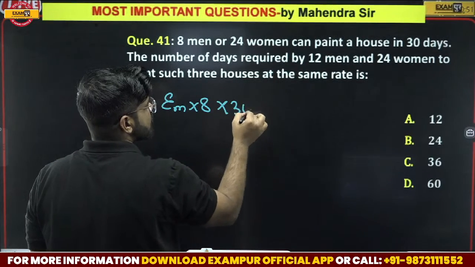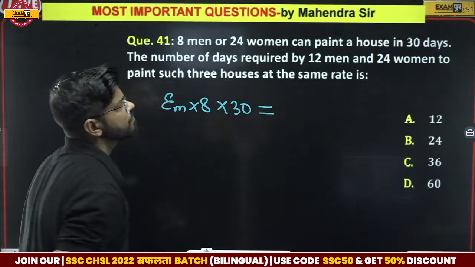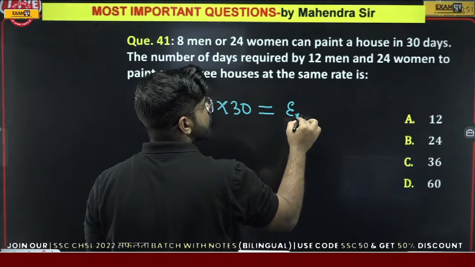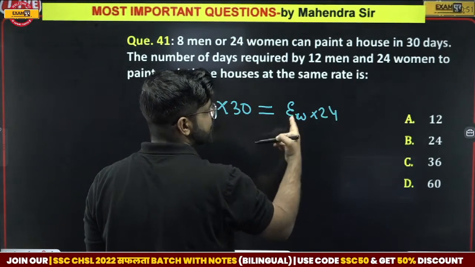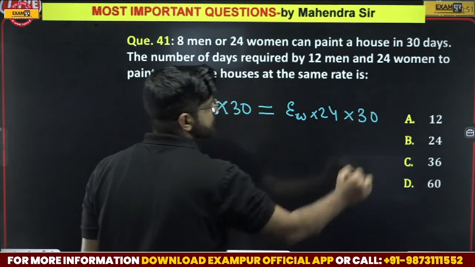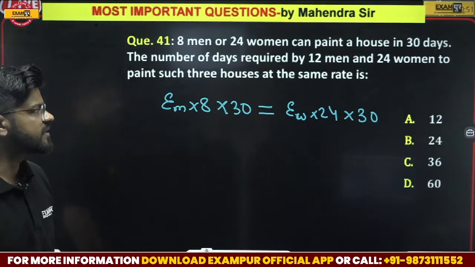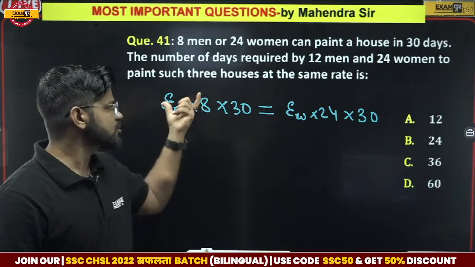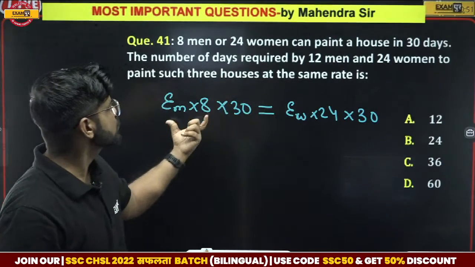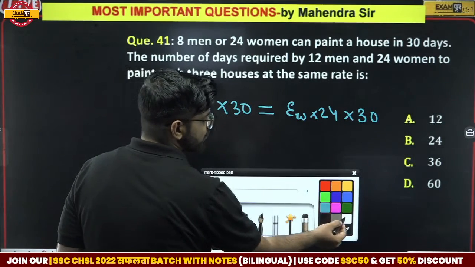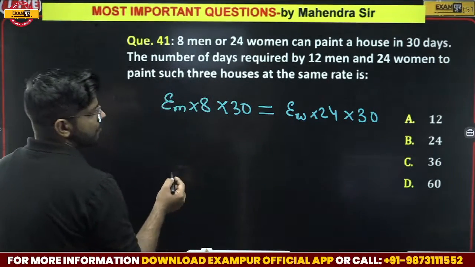It is equal to 24 women, efficiency of one woman into 24, doing the same work in 30 days. So here we have the same work. This is also work, this is also work. Solve this and you will get the efficiency of man and woman.